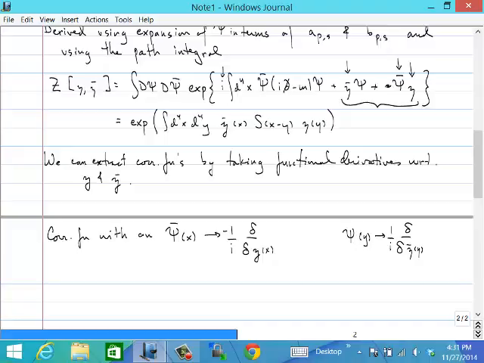So far, everything I've done is just repeat line by line what we would have said in the scalar case. And this leads to Feynman diagrams exactly as it would in the scalar case.